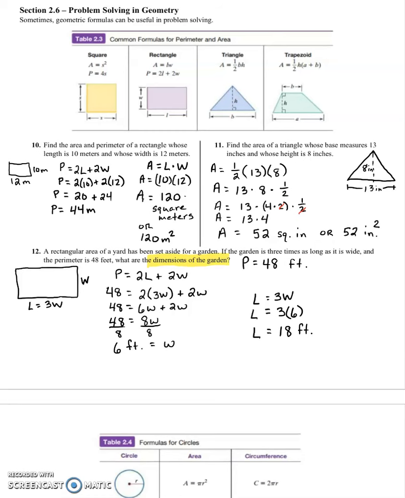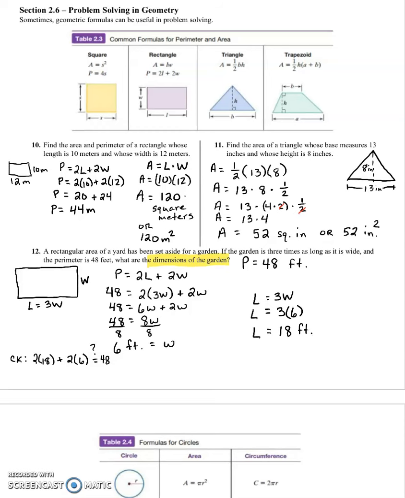And of course, if we check that, we better come out with the correct number, right? So let's see. 2 times the length, which is 18, plus 2 times the width, which is 6, we hope is 48.